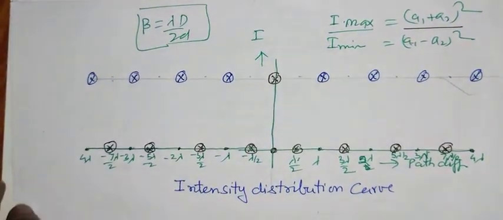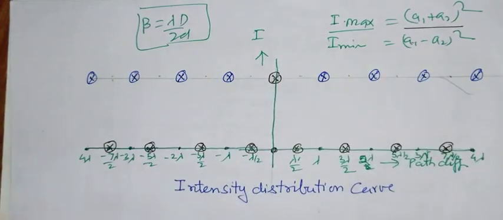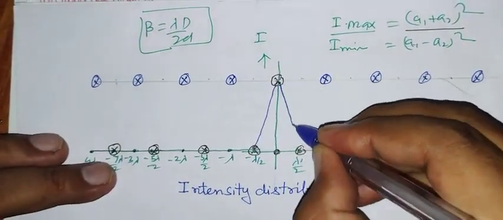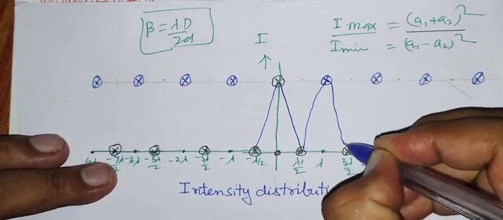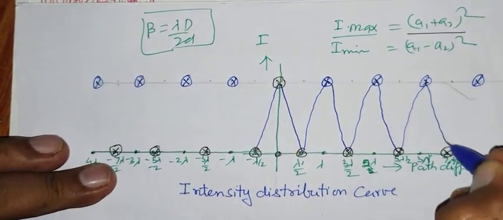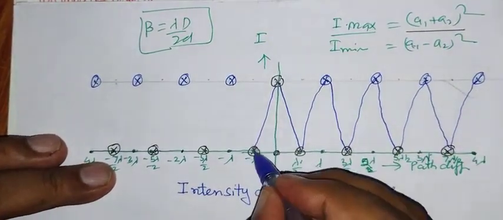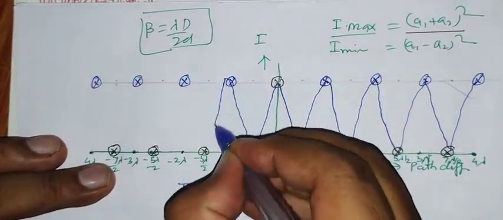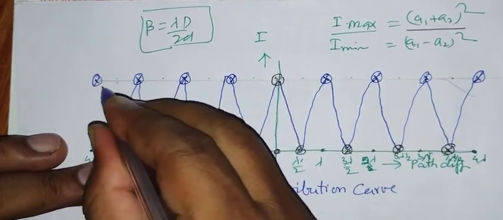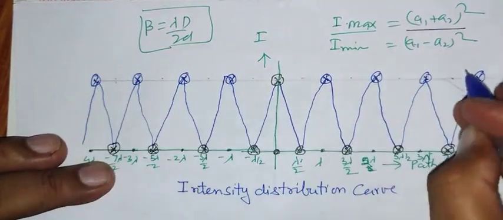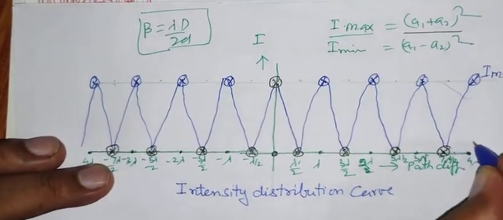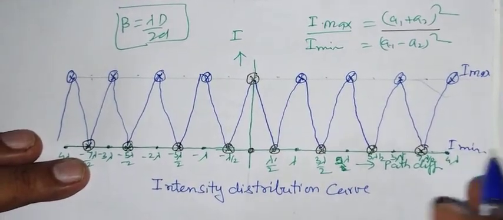When we join it with freehand, see the diagram carefully. So this is the position of I max and this is the position of I minimum.